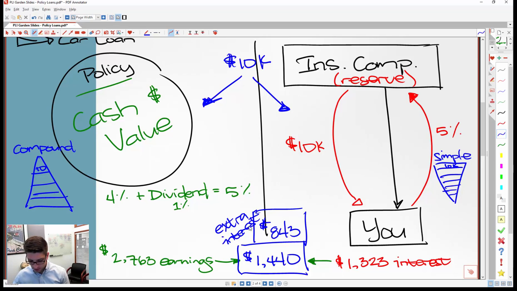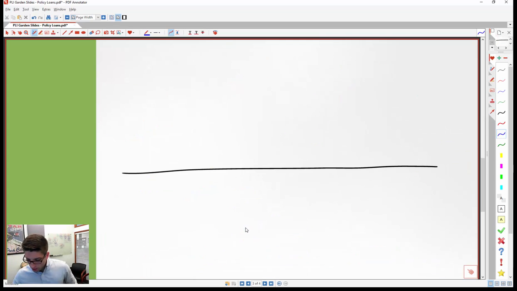Now, the payback on this policy loan is a little bit different than what we're used to at the bank. This line right here represents the timeline of your insurance policy. I'm going to put a 3 here, a 4, and a 5.